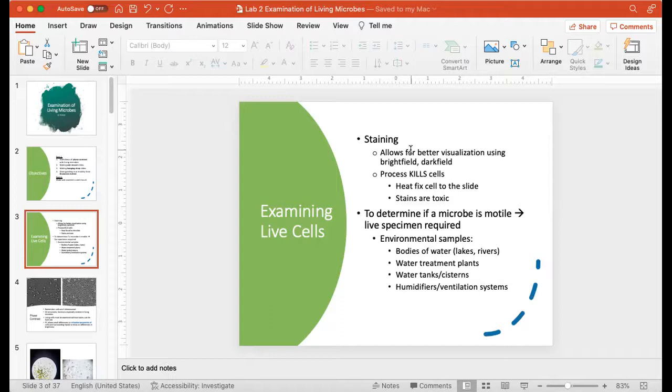If you've ever been to New York City or other large urban areas, you know that there are a lot of apartment buildings, tall apartment buildings that use water tanks as their water supply. That water has to be monitored for the presence of microbes. Even things like humidifiers, industrial locations, commercial locations that have elaborate ventilation systems.